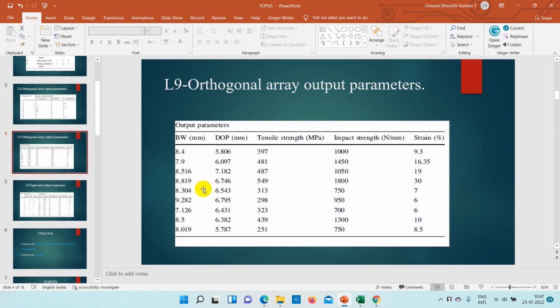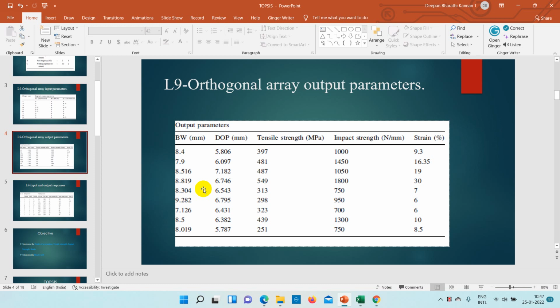But in this case, we have 5 outputs, and each output is a different category. For example, BDV has a minimization criterion, others have maximization criteria. So it is not possible for us to directly tell from the table which one is the best parameter combination.